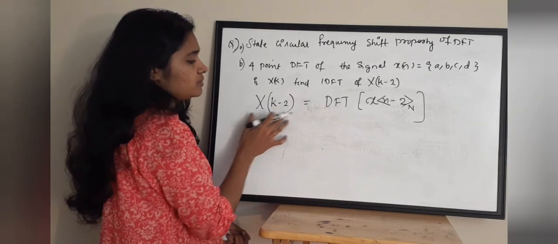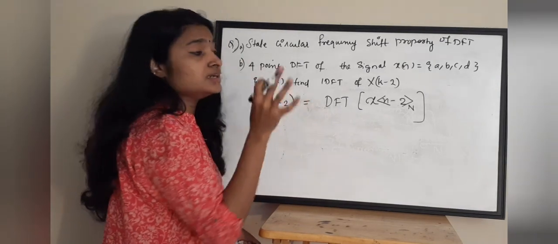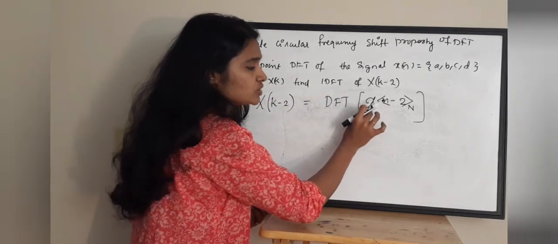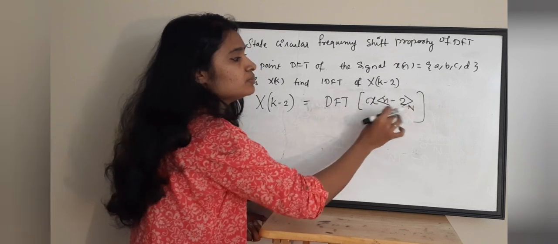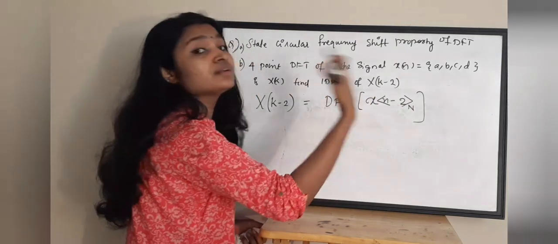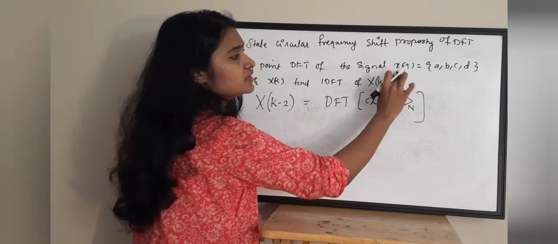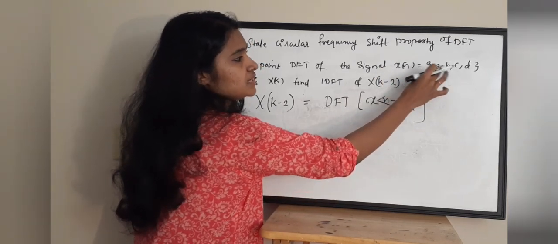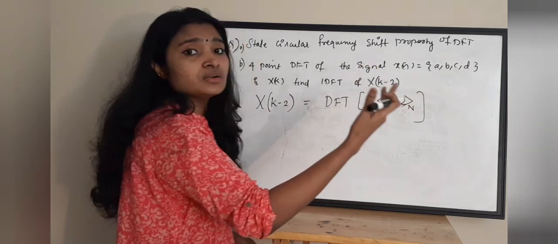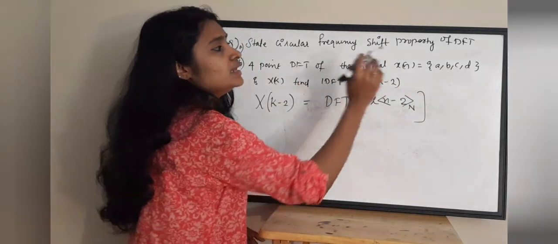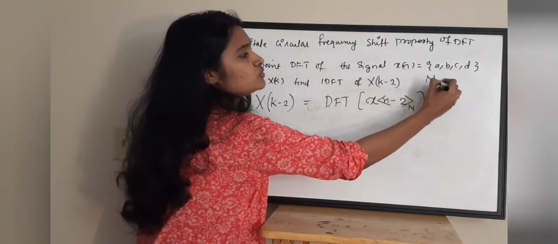So this X of k minus 2 is actually the DFT of your original signal, which is shifted by 2 points towards the right. Again, the input signal is given, right? The x of n is the set A, B, C, D. So what is the length of the signal? The length of the signal, N, is equal to 4, right?